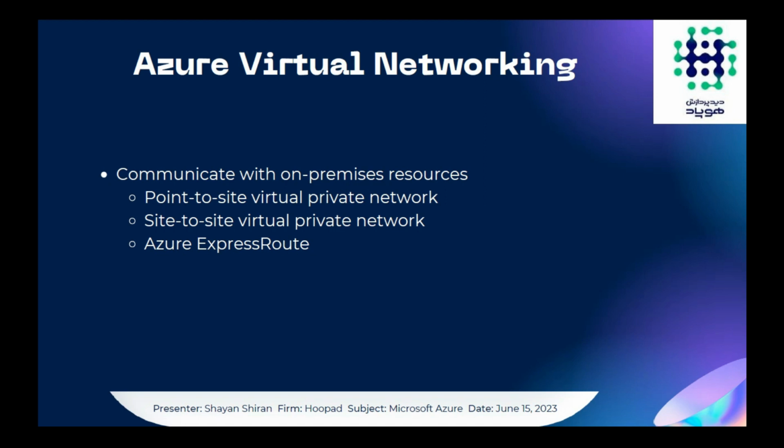The other one is site-to-site virtual private network. In site-to-site, for example, organizations that are using Microsoft Azure Virtual Networking can connect to each other and use, for example, their data and information. And there's another thing called Azure ExpressRoute. It has a similar definition and does a similar thing as the other ones.